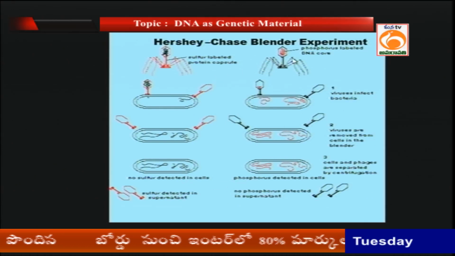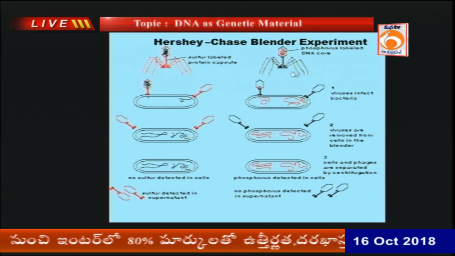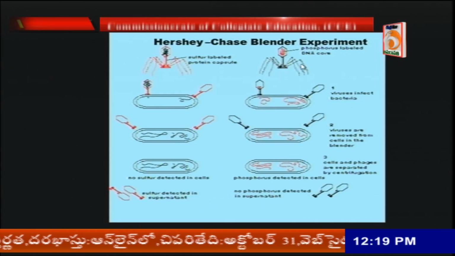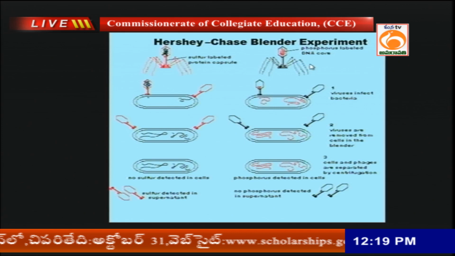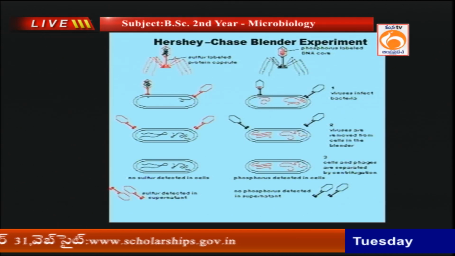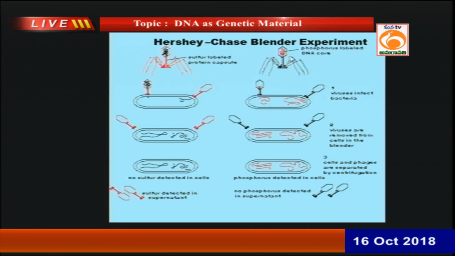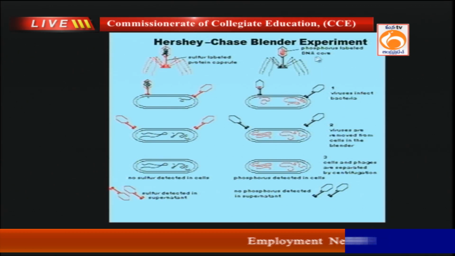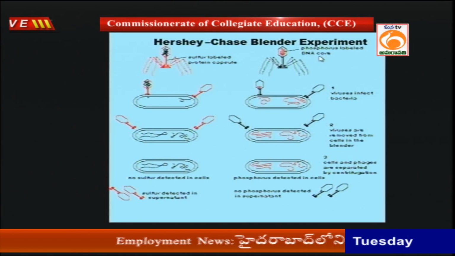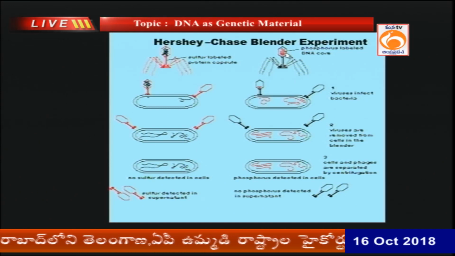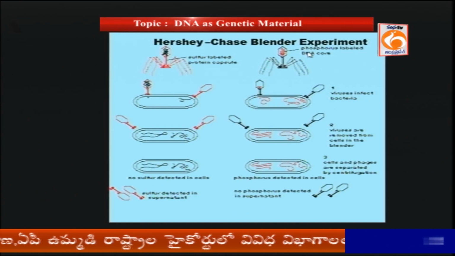Now, coming to see what is happening in the second part of the experiment. In the second part of the experiment, T2 phages were grown in medium containing phosphorus 32, giving radiolabeled viruses. Because phosphorus is a component of DNA, it is incorporated during DNA synthesis. So, the nucleic acid DNA is labeled with phosphorus 32 radioisotope.